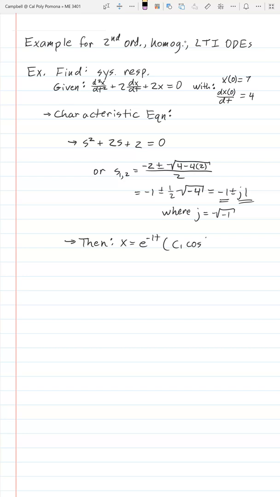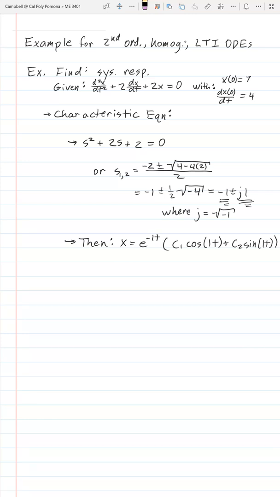Well, in our case, omega is just 1 times t, because remember, this is omega right here. This is, of course, the magnitude of the imaginary part, plus then c2 sine 1 times t. And there we go. We have our solution.